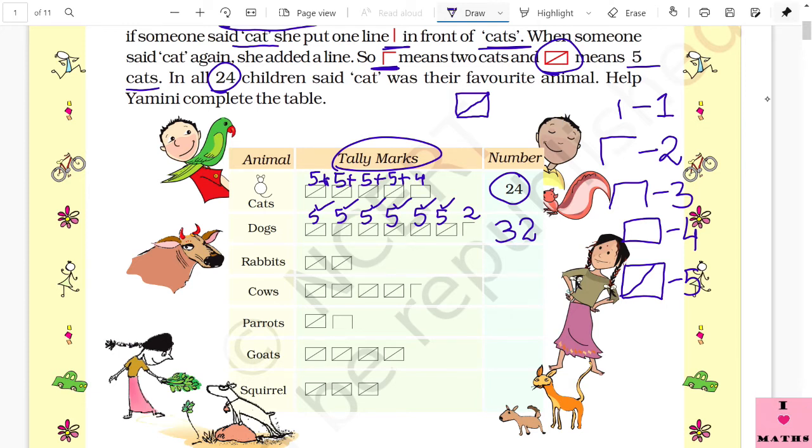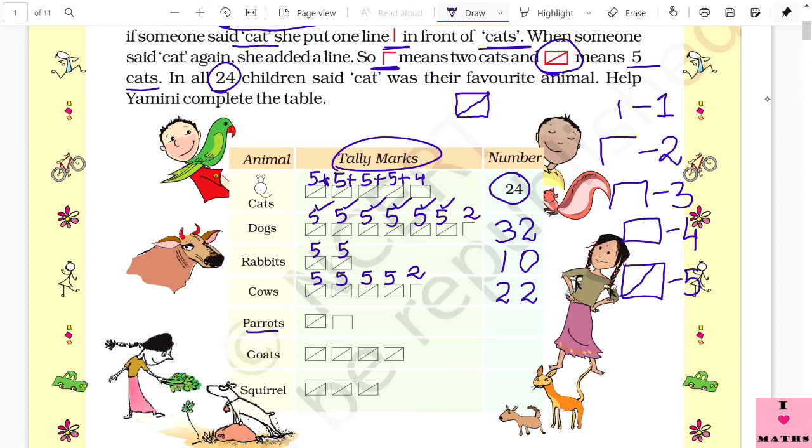Now rabbits. Rabbits were liked by 5 plus 5. Only 10 children liked rabbits. Cows. 5, 5, 5, 5 and again 2. So that makes 22. So 22 children liked cows as their pet animals. Now parrots.